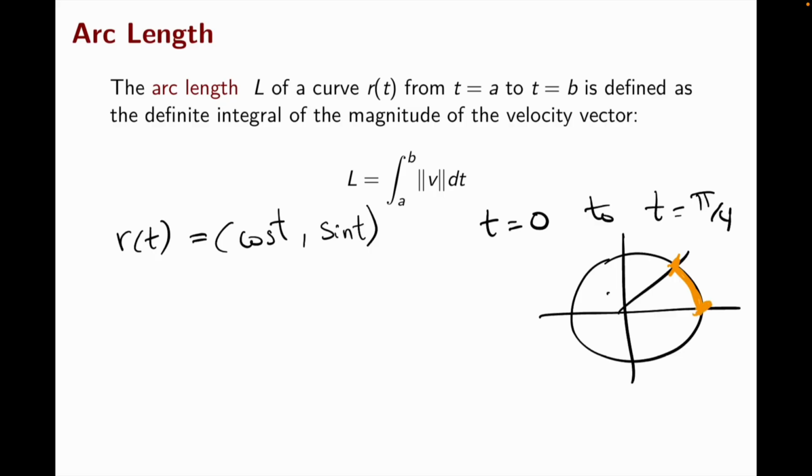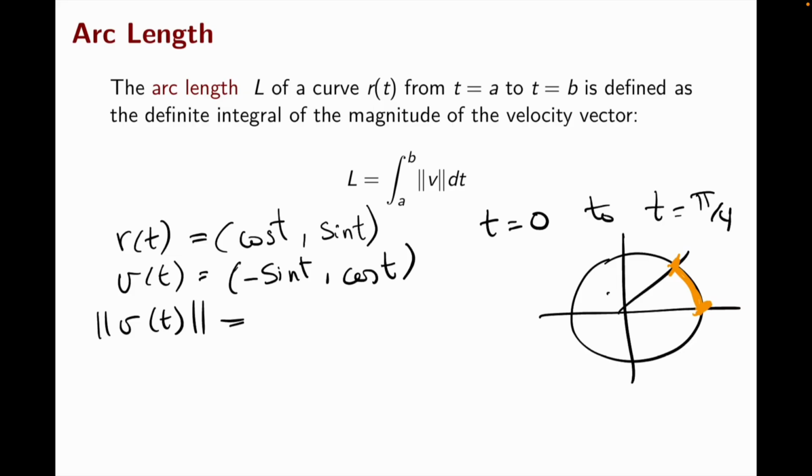Okay, so let's first use the velocity that we have already calculated before. We know that the velocity was (minus sine of t, cosine of t), and then we need to calculate the norm of the velocity. The norm is the square root of the first component squared plus the second component squared. And in this case it happens to be sine squared plus cosine squared, which is 1.